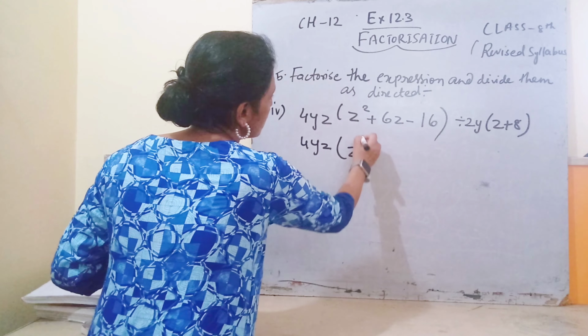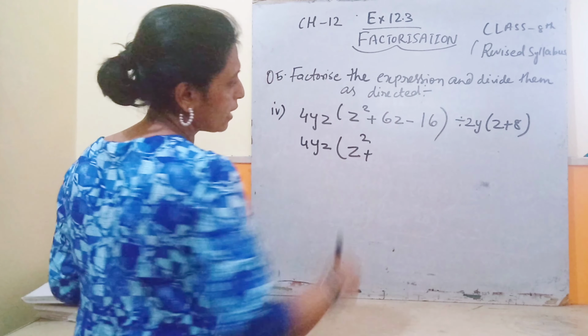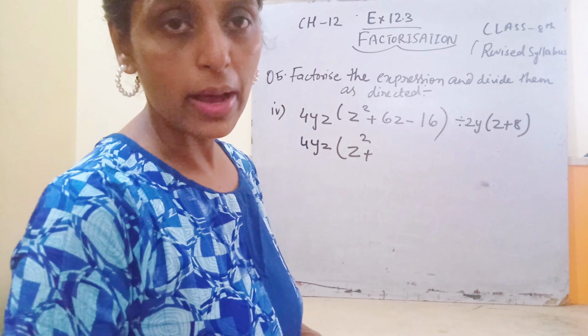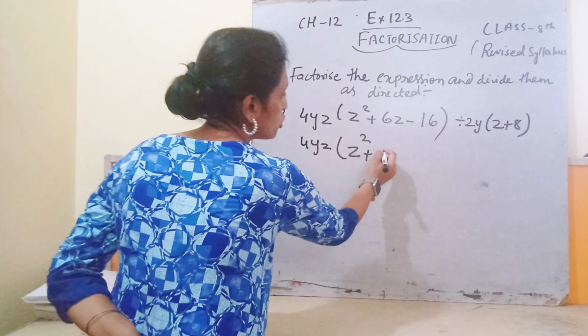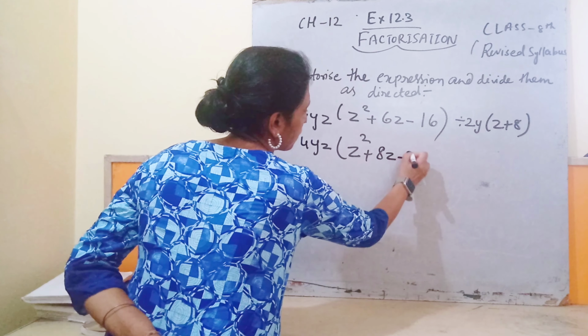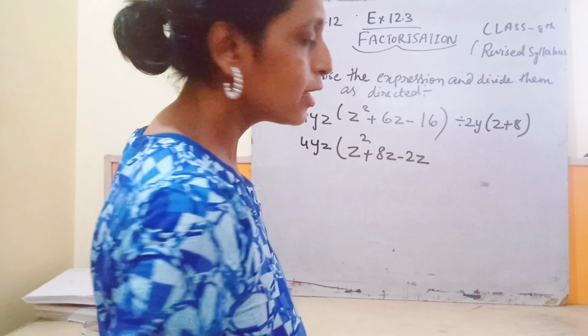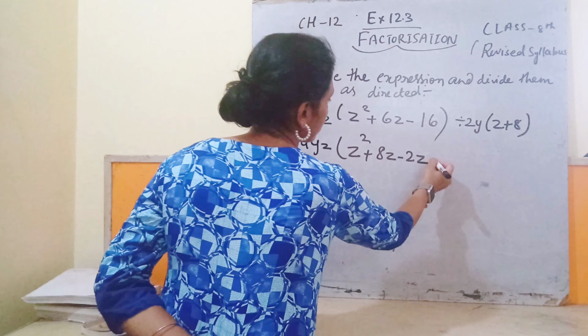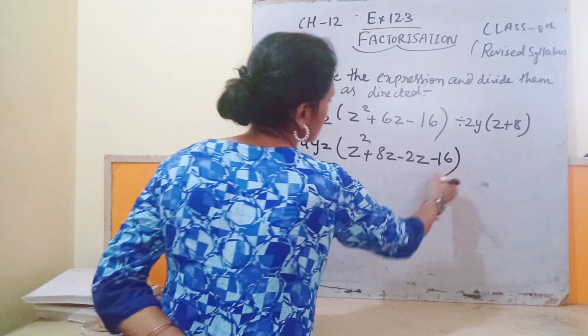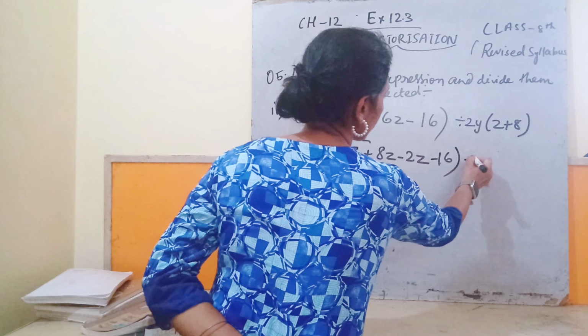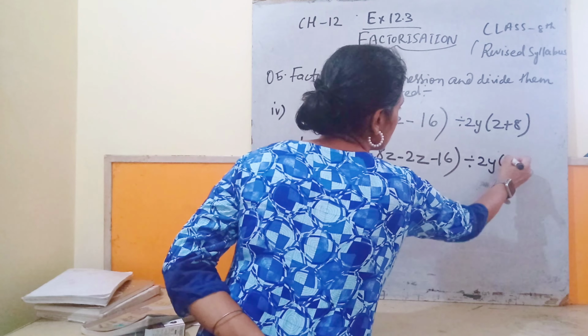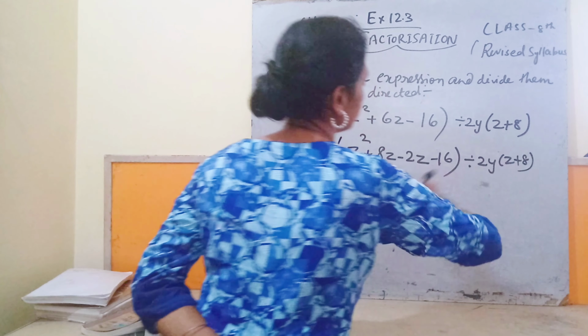See children, 6z can be written as 8z minus 2z, because 8 minus 2 is 6z. Then minus 16, divided by 2yz plus 8.